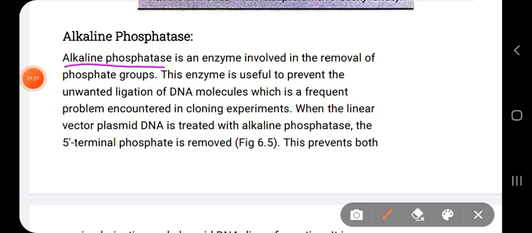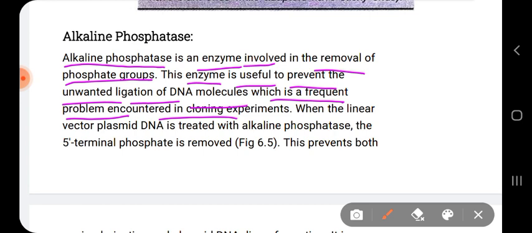So, alkaline phosphatase is an enzyme which is involved in removal of the phosphate groups, and this enzyme is useful to prevent unwanted ligation of the DNA molecule, which is a frequent problem encountered during cloning experiments. I said a little while ago that the adapters are also unwantedly ligated, because they have a sticky end, so unwanted ligation can occur.